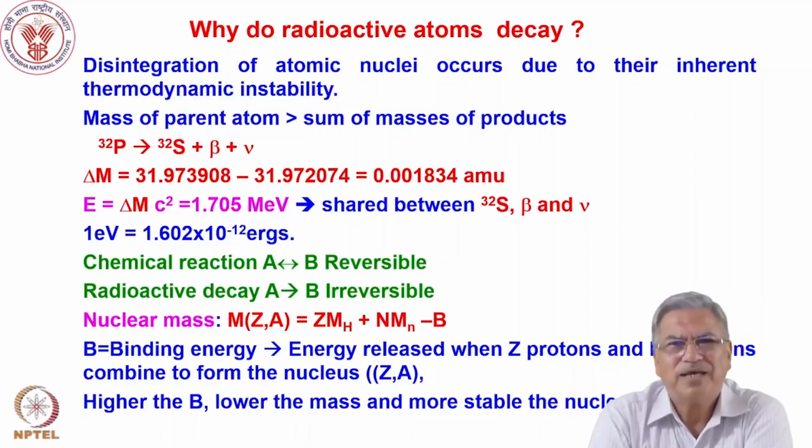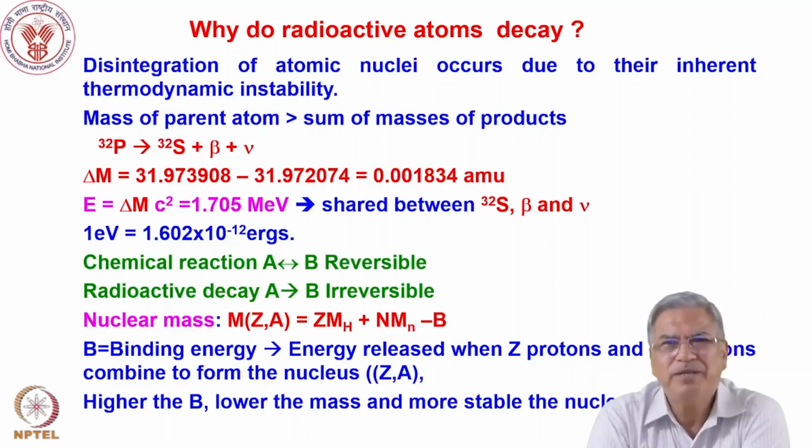Now, the mass and energy of nuclei are sometimes interchanged. The mass of a nucleus we write as m(Z, A), where Z is the atomic number and A is the mass number, and this is equal to the mass of the proton, mH, times the number of protons, that is the atomic number Z, plus the mass of the neutron, Mn, times the number of neutrons, N, minus the binding energy.